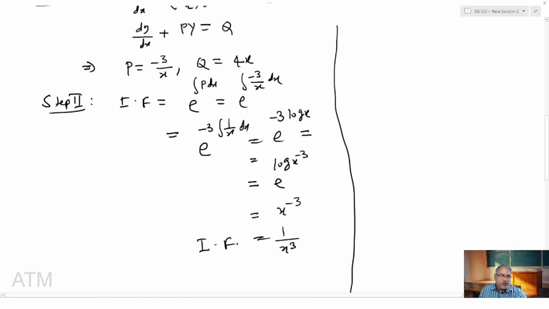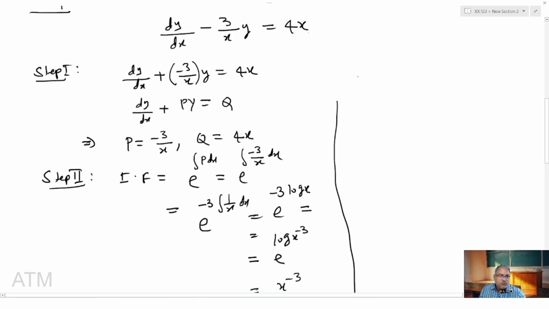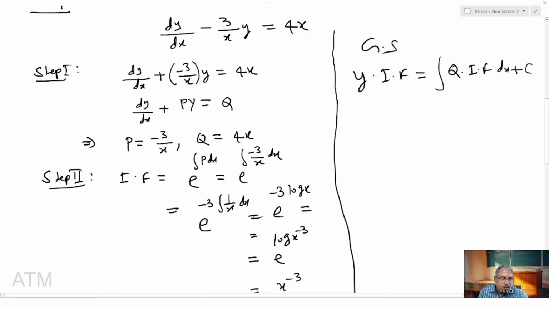So this is the integrating factor. After this, we require to find the general solution. So the general solution is given by, what is the formula? y into integrating factor equals integration of q multiplied by integrating factor with respect to x plus, let us say, c dash.